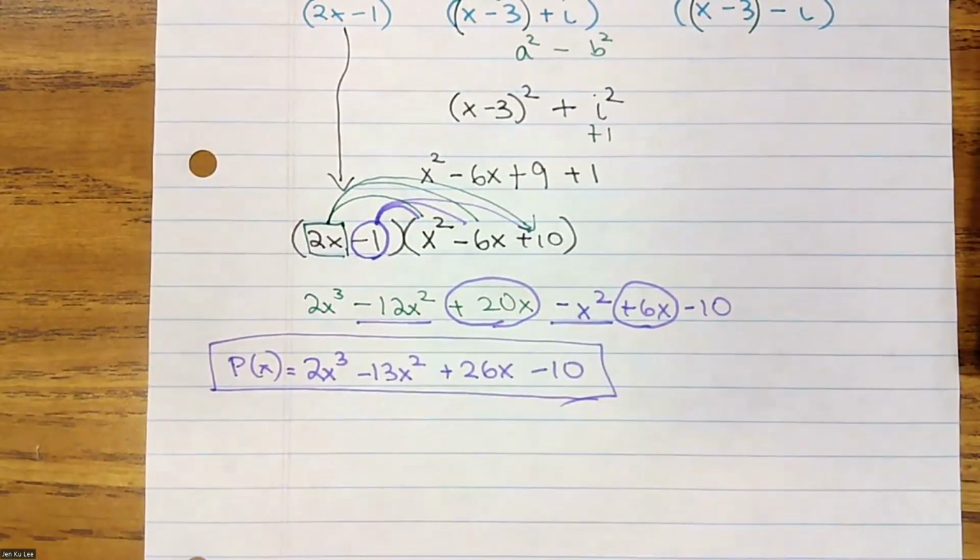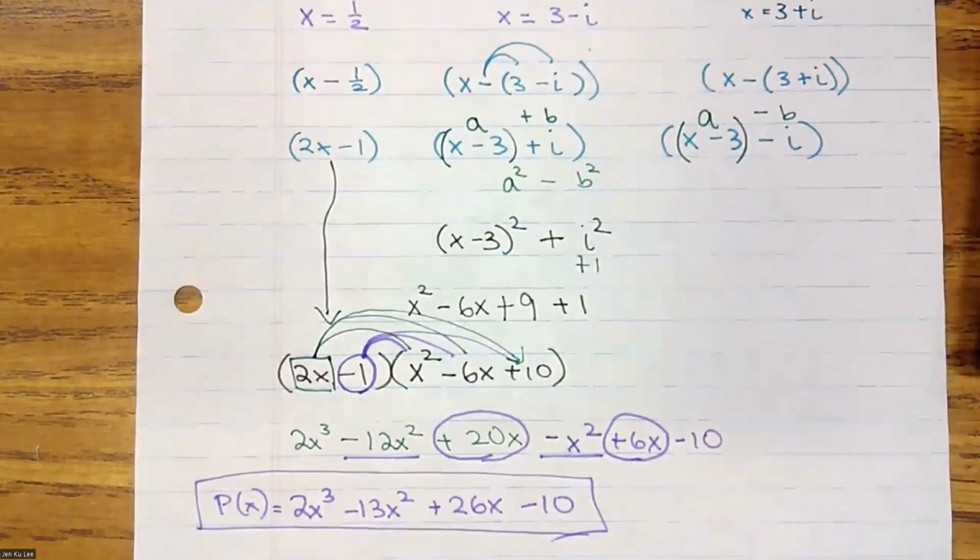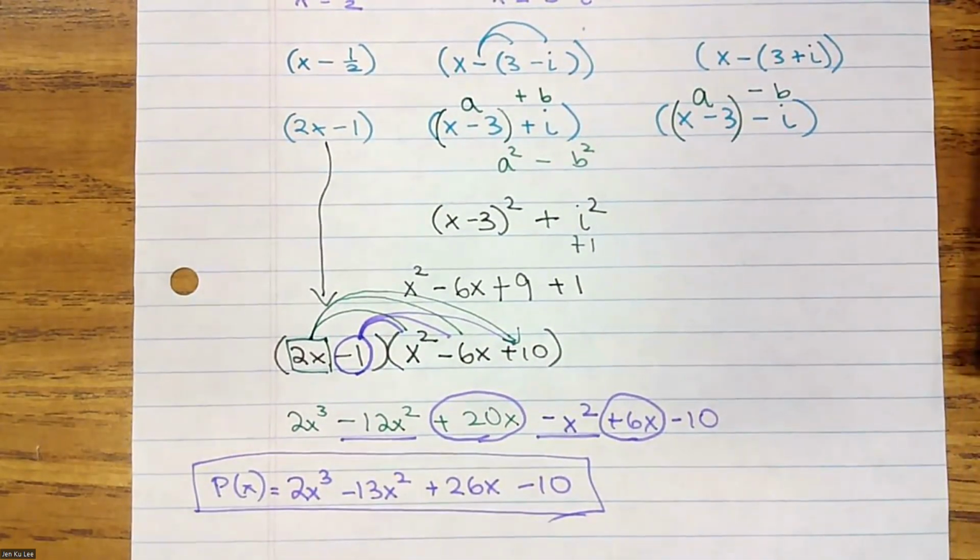That's my function in standard form. So we are working backwards, essentially, to get that polynomial. Cool? Questions?